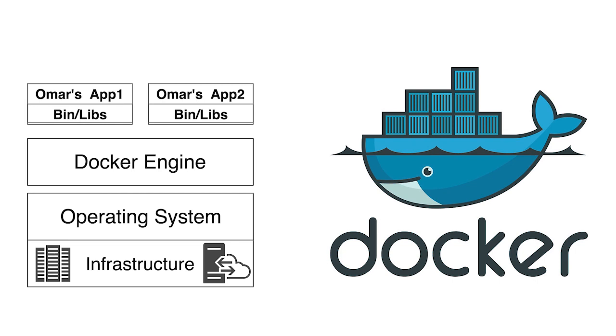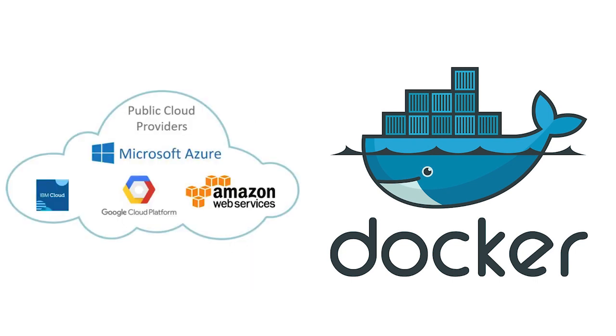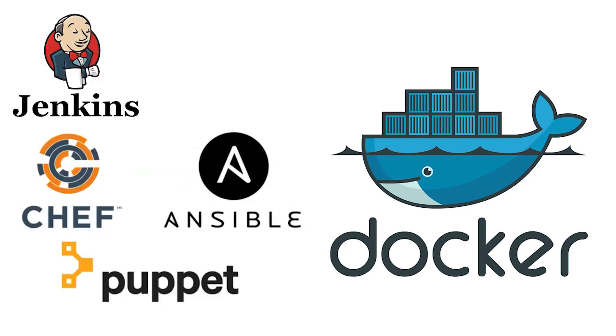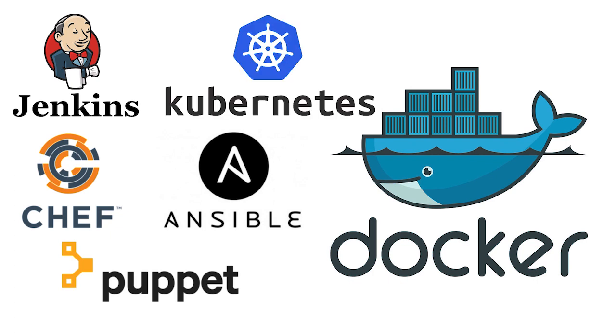Docker is supported pretty much in all major cloud providers like Amazon Web Services, Google Cloud Platform, Azure, and many others, right? Docker can also be integrated with tools like Ansible, Chef, Puppet, Jenkins, Kubernetes, OpenStack, Vagrant, and dozens of other tools and infrastructures.